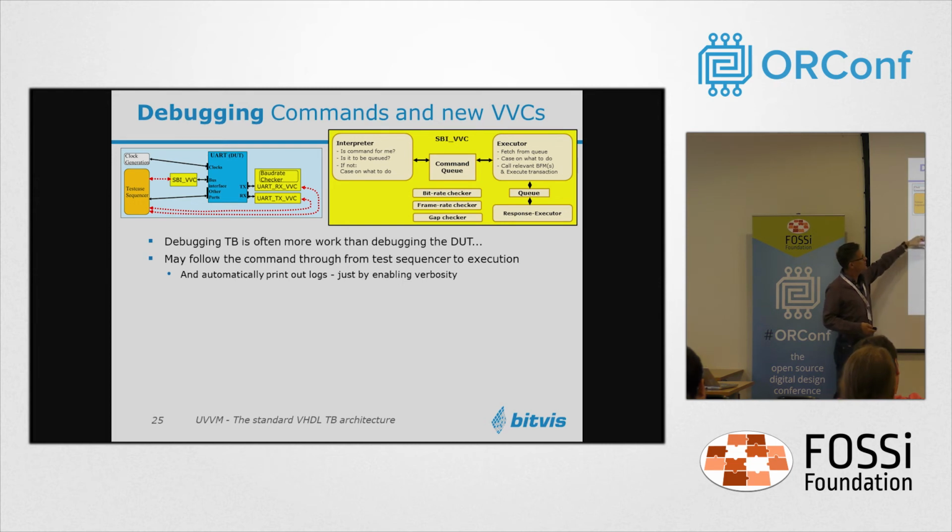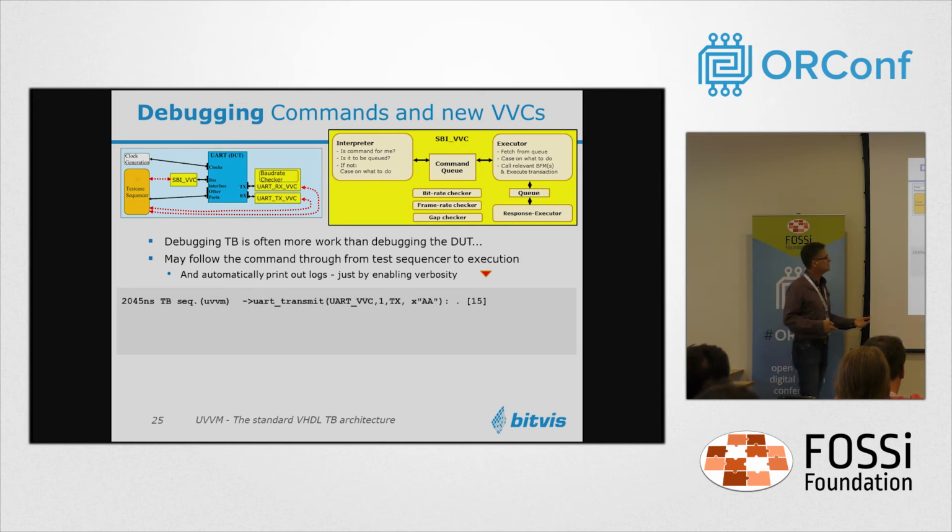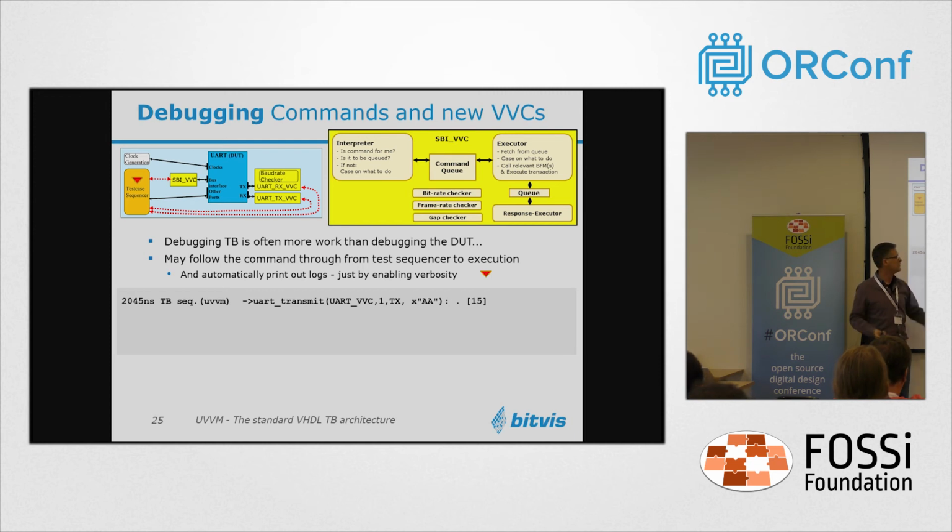So in our system, we can follow the commands through from the test sequencer to execution and automatically print out the logs by just enabling the verbosity you want to have. So in this case, for instance, this sign here is something that we're using. You can change that if you want to.